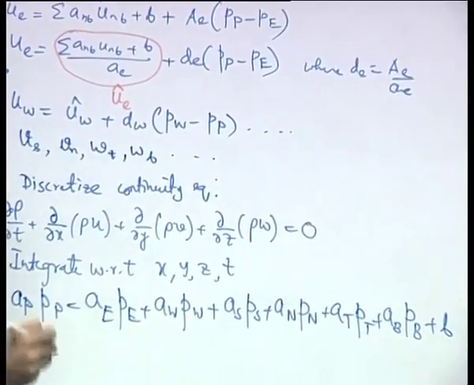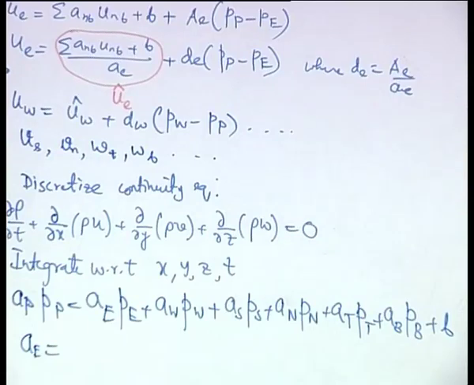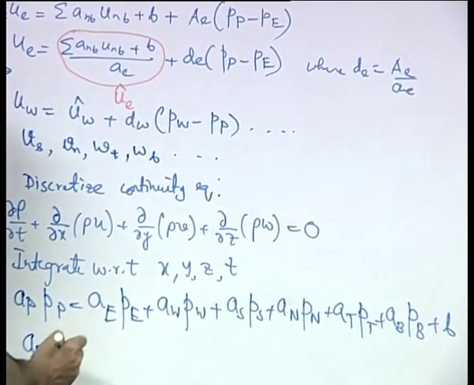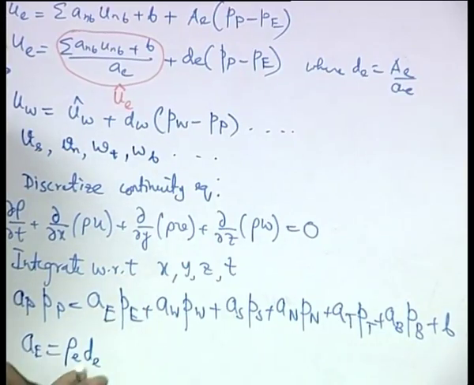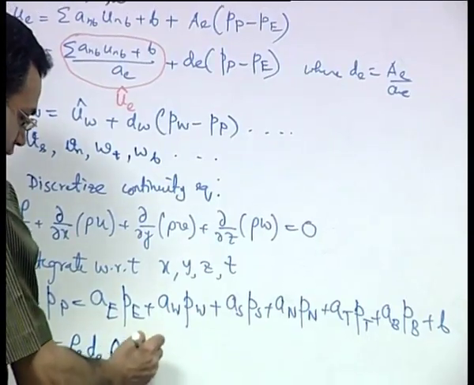Just look into your previous notes for the SIMPLE algorithm and tell from that. Rho E, dE, delta y, delta z.